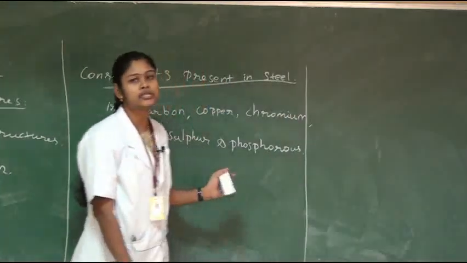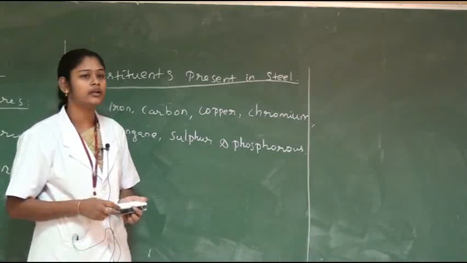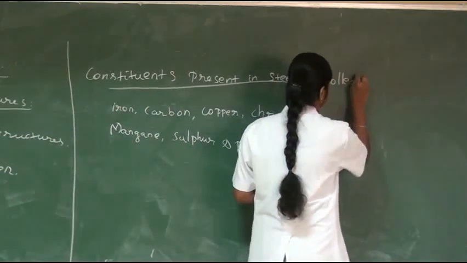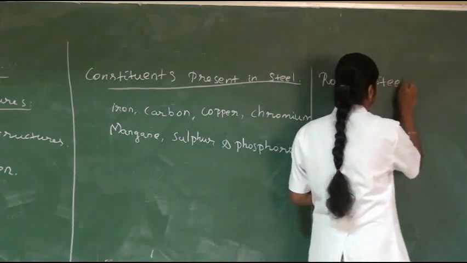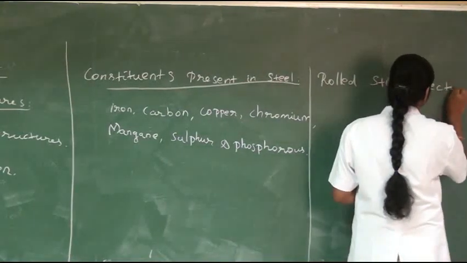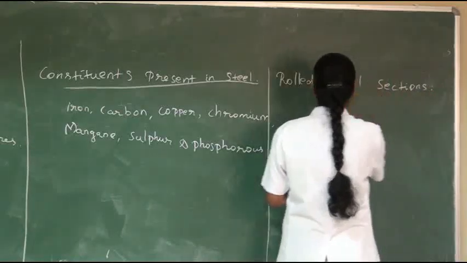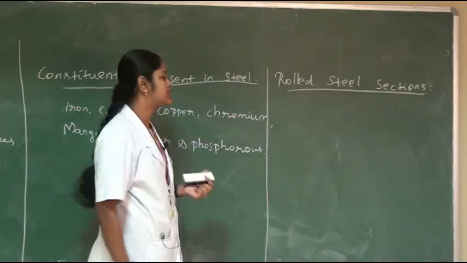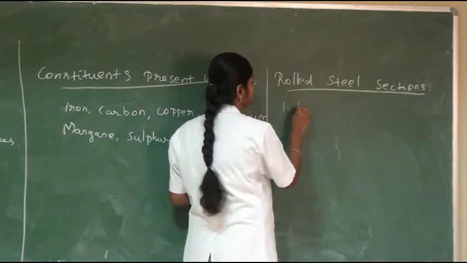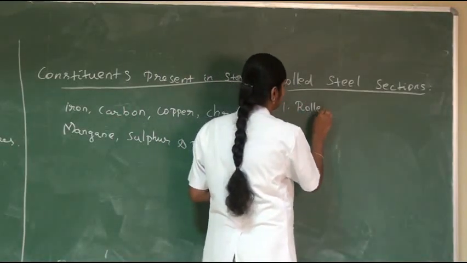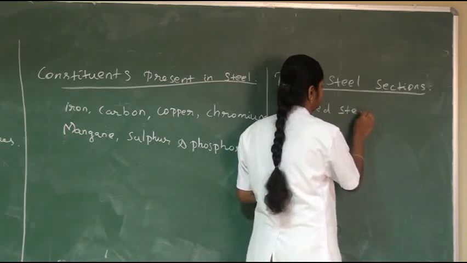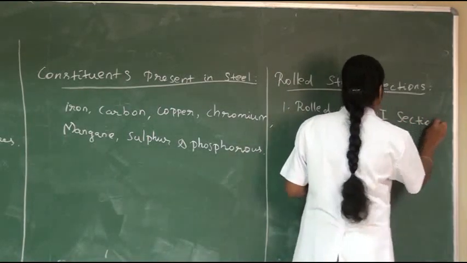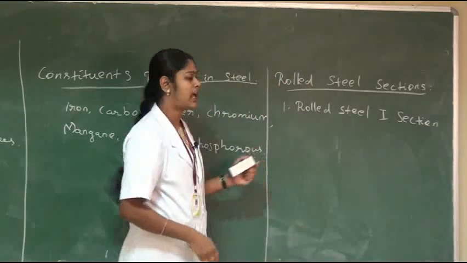Then the types of rolled steel sections according to Indian Standard Code. The types of rolled steel sections used in steel structures are: first one, rolled steel I section. Second one is rolled steel angle section.